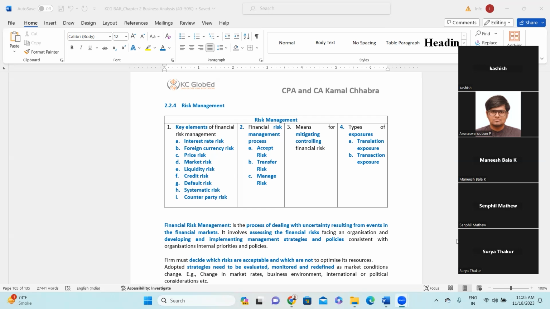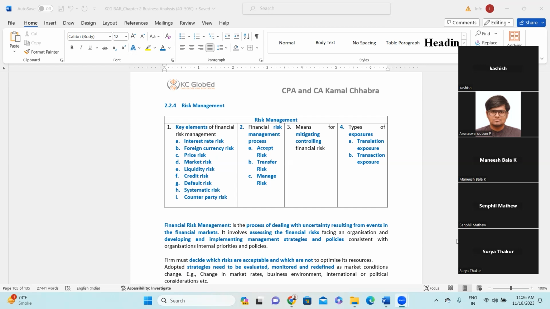But if it is a technological product, for example a mobile or maybe a laptop, then it will keep on reducing because a new upgraded version would be coming. Make sense? So that is called price risk: change of price of the respective product or service in a future period is called price risk. Make sense?